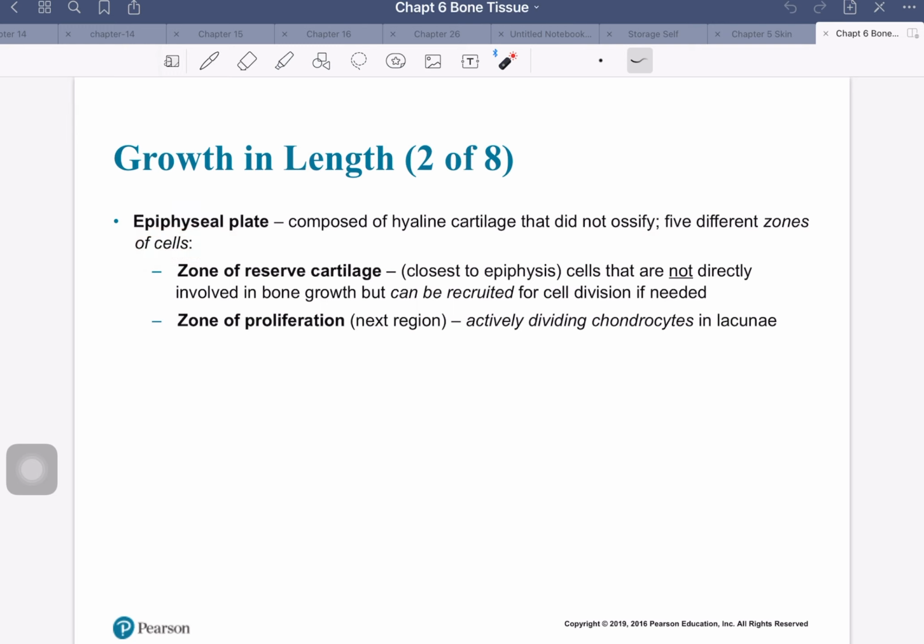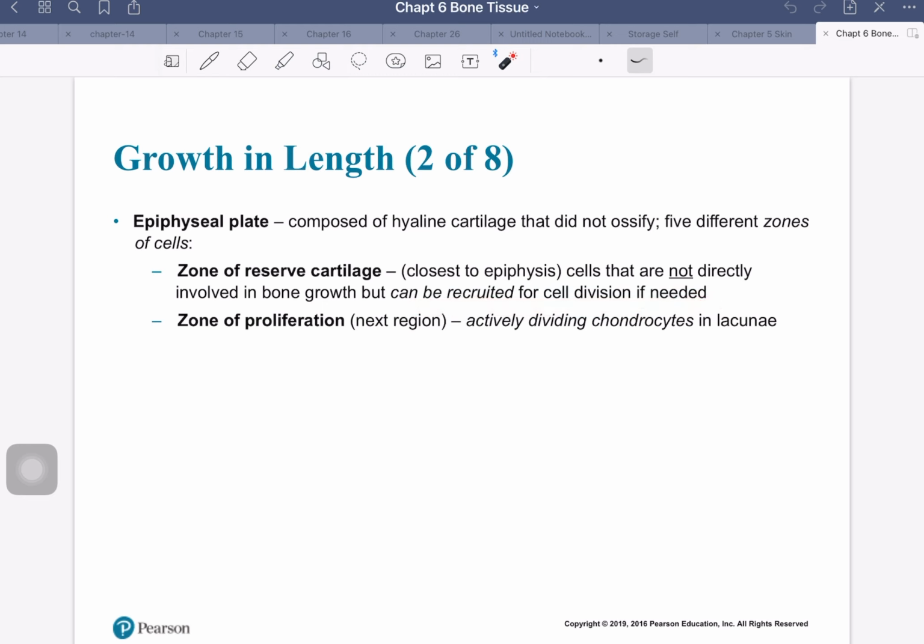And of course, we'll just refer to them as the zone of. So we have the zone of reserve cartilage, and that's the one on the epiphysis side. Now, these cells are not directly involved in bone growth, but look at the name, zone of reserve cartilage. The cells can be recruited for cell division if needed.